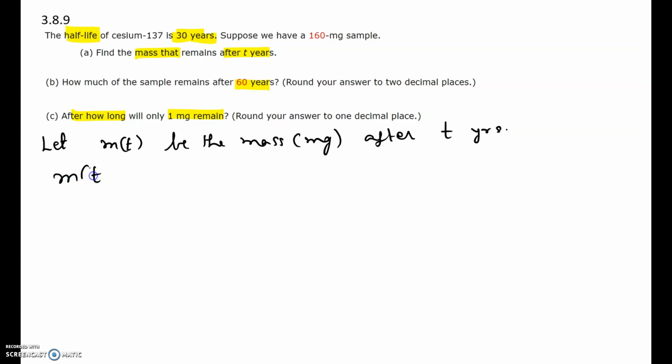So m of t follows the model m of 0, the initial mass, times e to the exponent kt, where k is the related decay rate. This is a decay problem, so k denotes a decay rate. The initial mass is given, which is 160 milligrams. So m of t is 160 e to the kt.